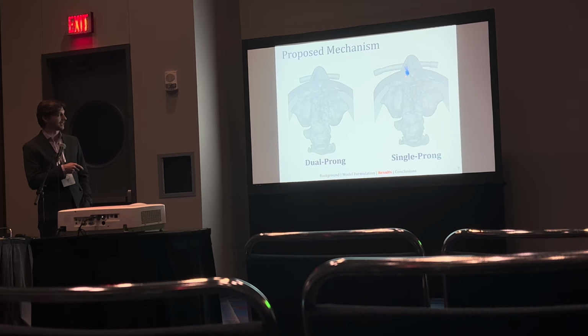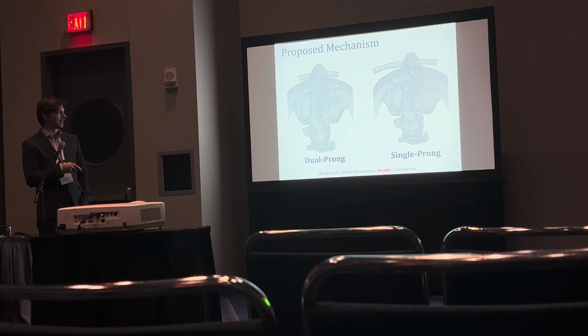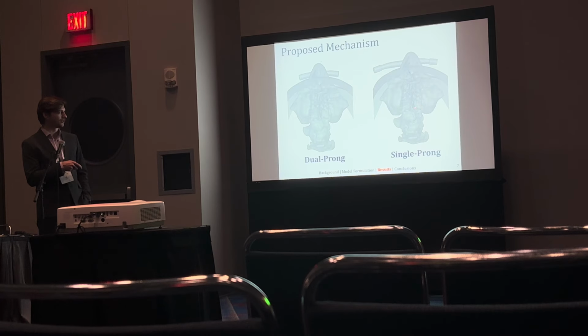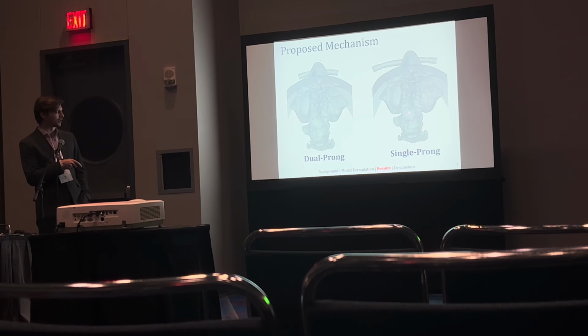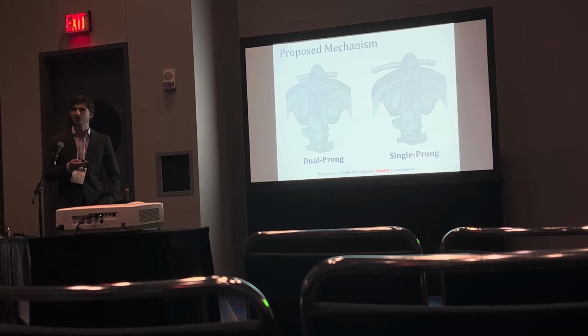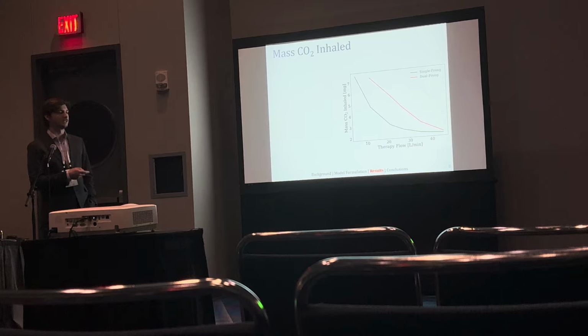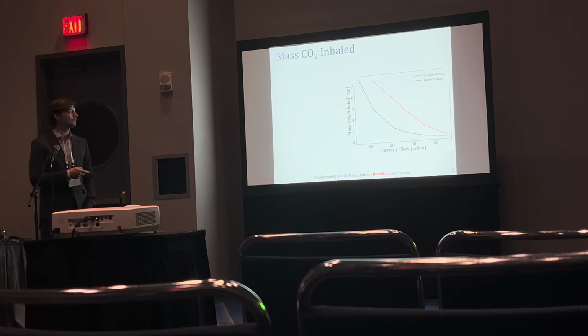So for the single prong cannula, we can see much more of the therapy flow is traversing the back of the nasal passageways, reaching the nasopharynx, and then it's going to mix with the expiratory flow. You can see the mass fraction CO2 increasing. I know they're a little bit small here, but then it's going out the open naris. So that's basically the proposed mechanism for how this is going to increase CO2 flush in difficult to flush scenarios.